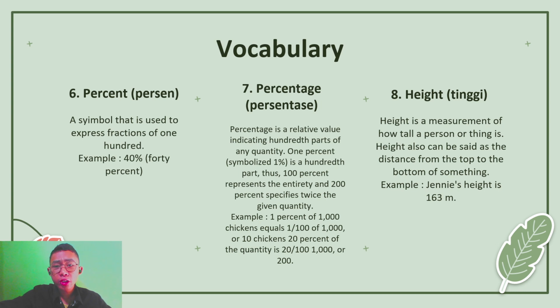Percentage is a relative value indicating a part of 100 of any quantity. 1% is 1 part of 100, thus 100% represents the entirety and 200% specifies twice the given quantity. Example, 1% of 1000 chickens equals 1 per 100 of 1000, or 10 chickens. 20% of the quantity is 20 per 100 of 1000, or 200.